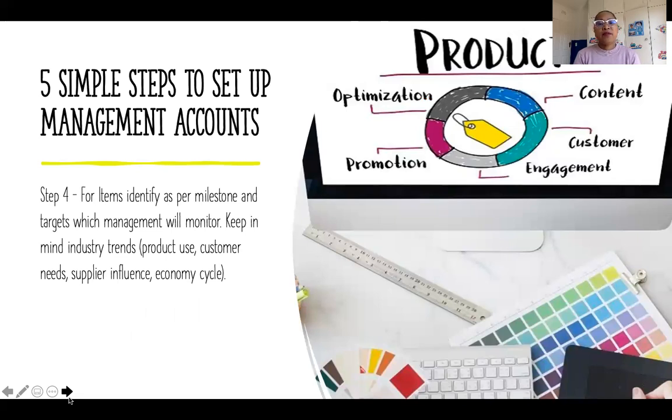And you also then have to keep in mind that as you're building this, it must be informed by the trends. It must be informed by how the customer uses the product, but also what's the influence of the supplier to tip the supply and the demand in the industry. In addition to that, also consider the economic cycle.